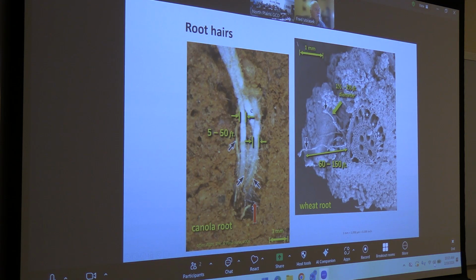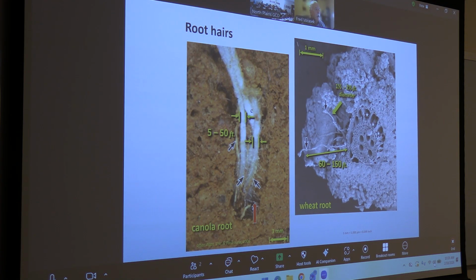And using that playing card example, a root hair would be like a 2-foot diameter pool floating that's 50 to 150 feet in length. The same thing, you see these fine hairs here. That's the part of the root system that extracts moisture and nutrients.